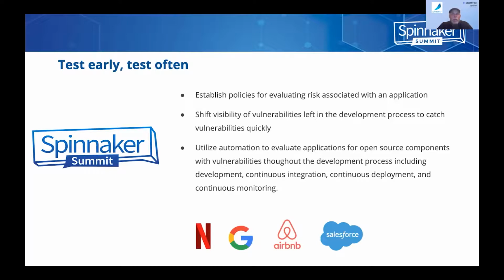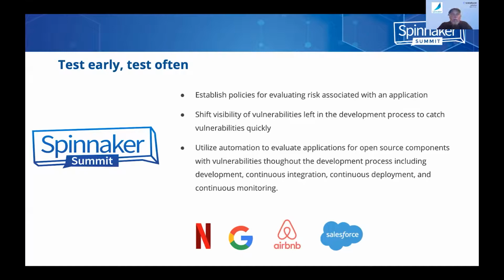We want to say no more than a level 5 on a scale of 10 to be included as part of an application. The way that the CVE scores are evaluated is how much of a risk it is, how able it is to be exploited, to come up with a CVSS score for that vulnerability itself.